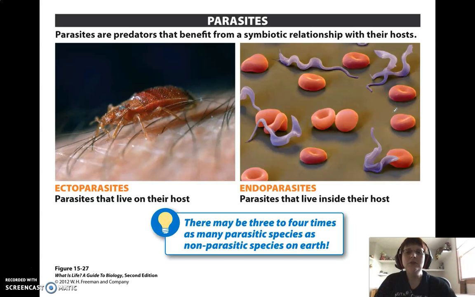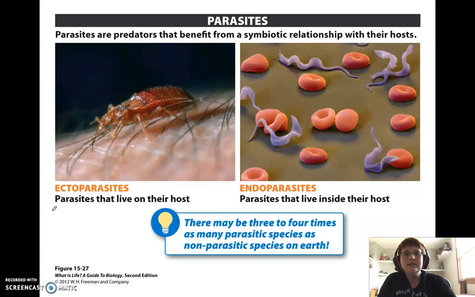We do have two different groups of parasites. So parasites are either ectoparasites or endoparasites. Ecto for the ones that live on or outside of their hosts. So examples of ectoparasites that you'd probably be familiar with would be things like bed bugs, fleas and ticks, leeches.